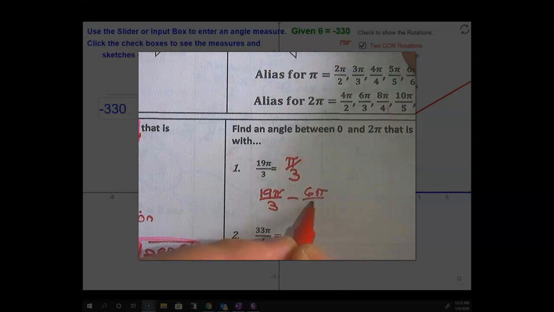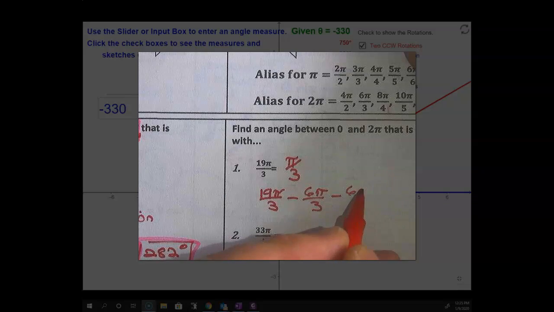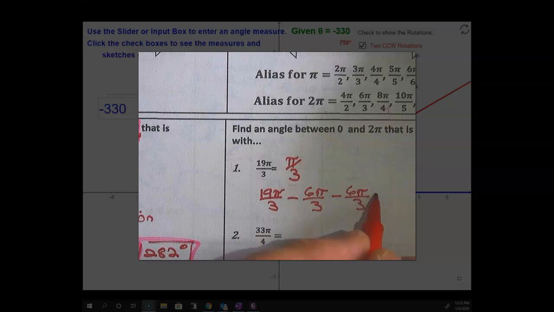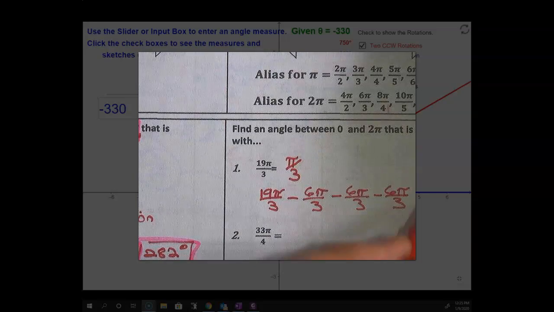So 19 take away 6, that's 13. I want it to be smaller. 13 take away 6, that's 7. I want it to be smaller. So I got to take away 3 of them, and that gives me pi over 3.